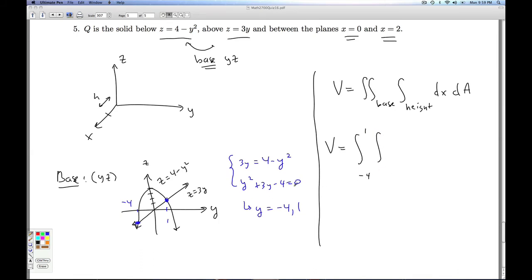And then for fixed y, what does the z run between? It runs between this line and that parabola. So that line is z equals 3y to z equals 4 minus y squared. And the x here is constant from 0 to 2. dx, dz, dy.